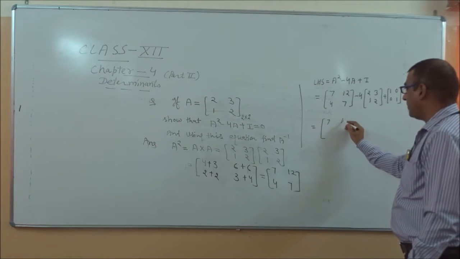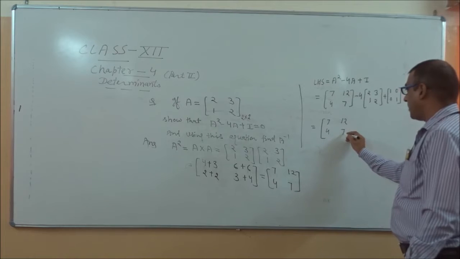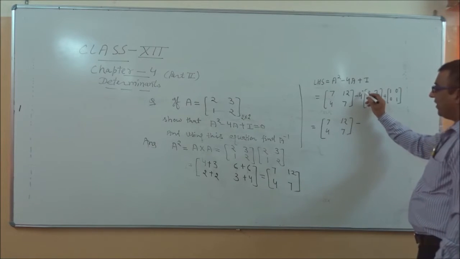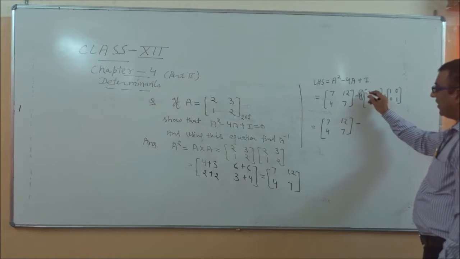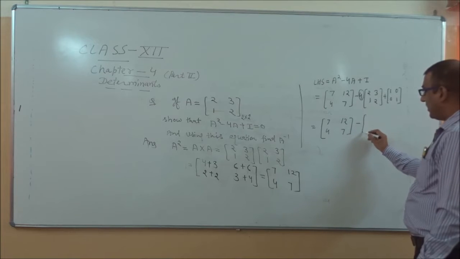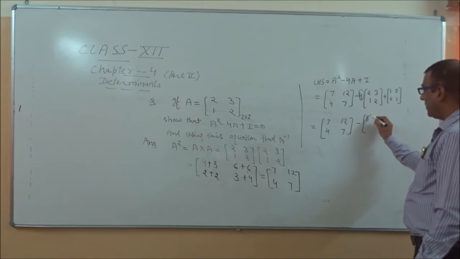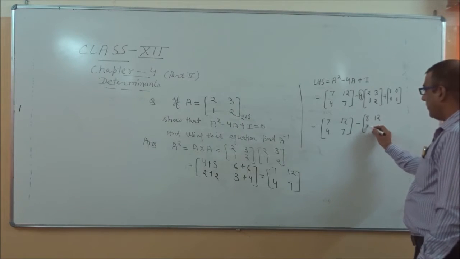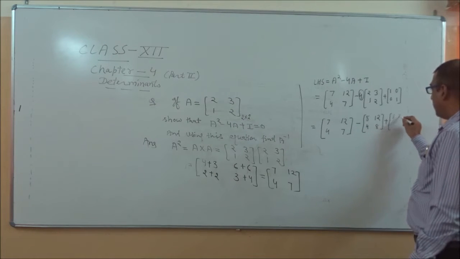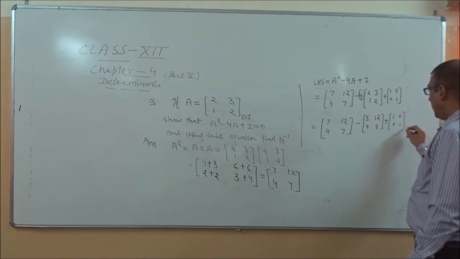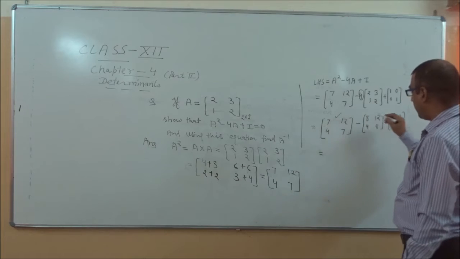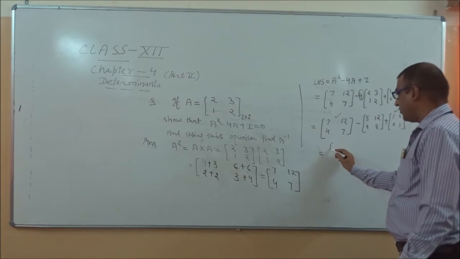So 7, 12, 4, 7. This matrix we write as it is. As you know very well, whenever any value is given outside the matrix, it will multiply by each element present in the matrix. So it can be written as 2 4 is 8, 2 3 is 12, 4, 8, and here we will write 1, 0, 0, 1. Now we will solve it. If you see here, both the matrices are positive, so first we will add these two.